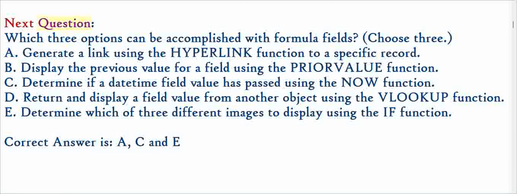Next question. Which three options can be accomplished with formula fields? Choose 3. A. Generate a link using the HYPERLINK function to a specific record. B. Display the previous value for a field using the PRIORVALUE function.